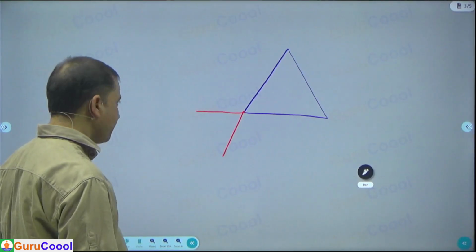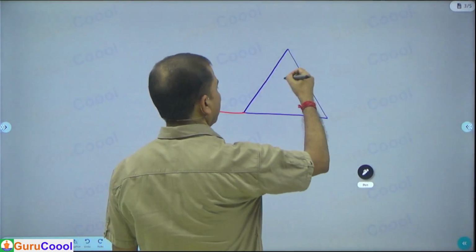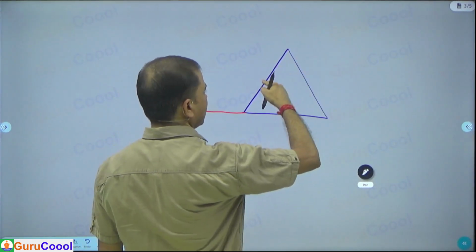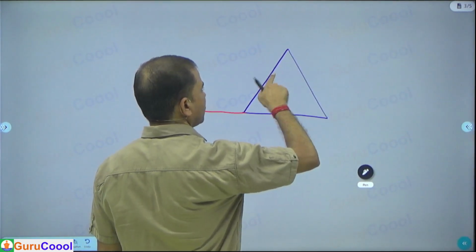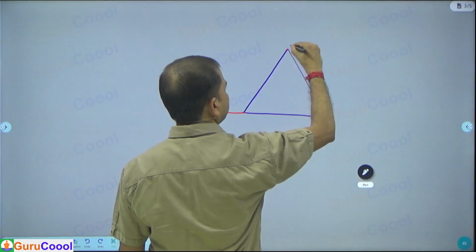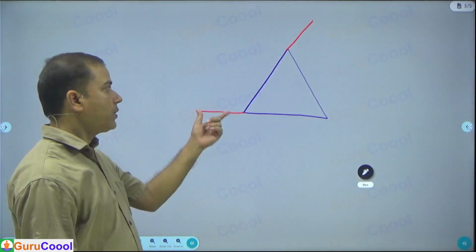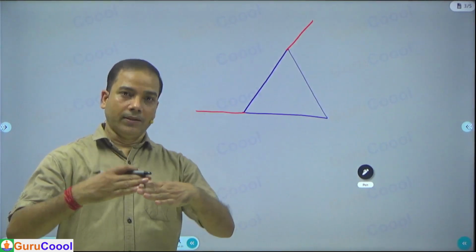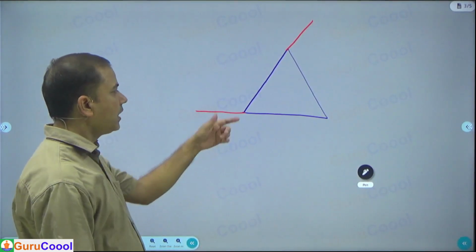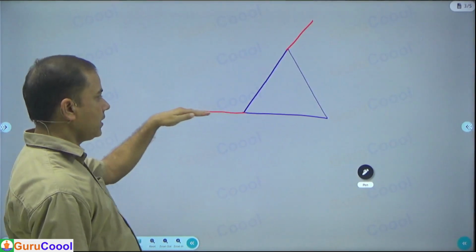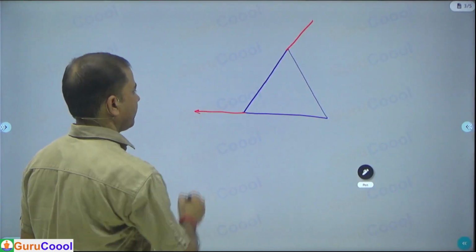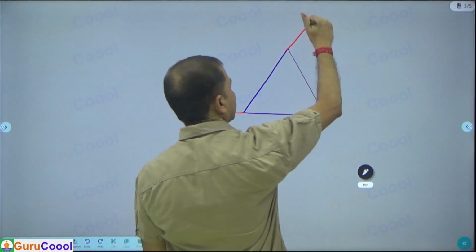So avoid this, and what you can do is this side can be extended to this direction. Now they are not intersecting each other, right? Extended parts should not be together, intersecting. So this side is extended in this direction. This side is extended in this direction.